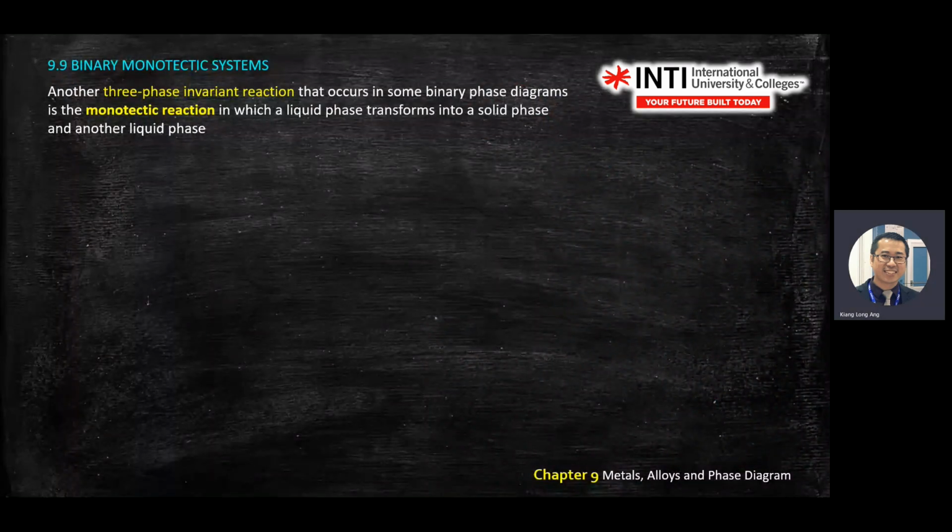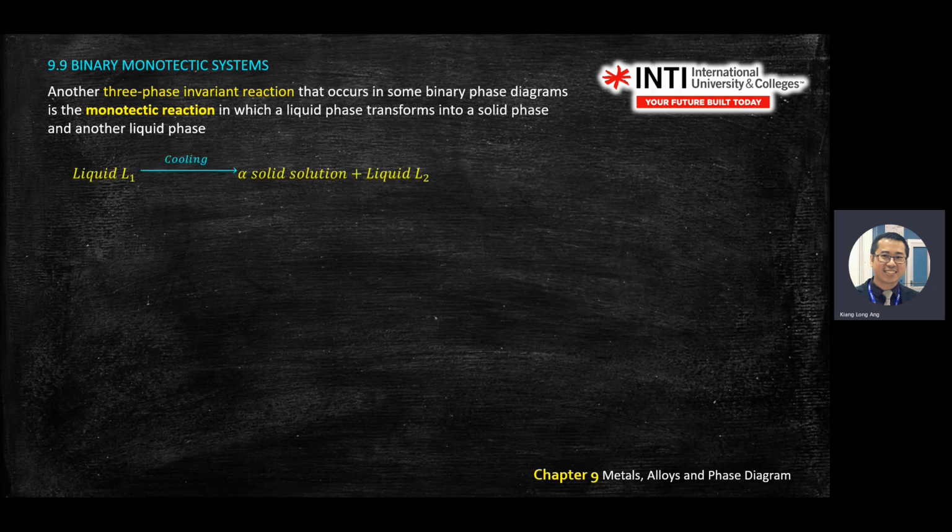Okay, the next term that we learn after the break, we introduce you a term called monotectic. Monotectic is a liquid phase transformed into a solid phase and another liquid phase. The equation will be this one.